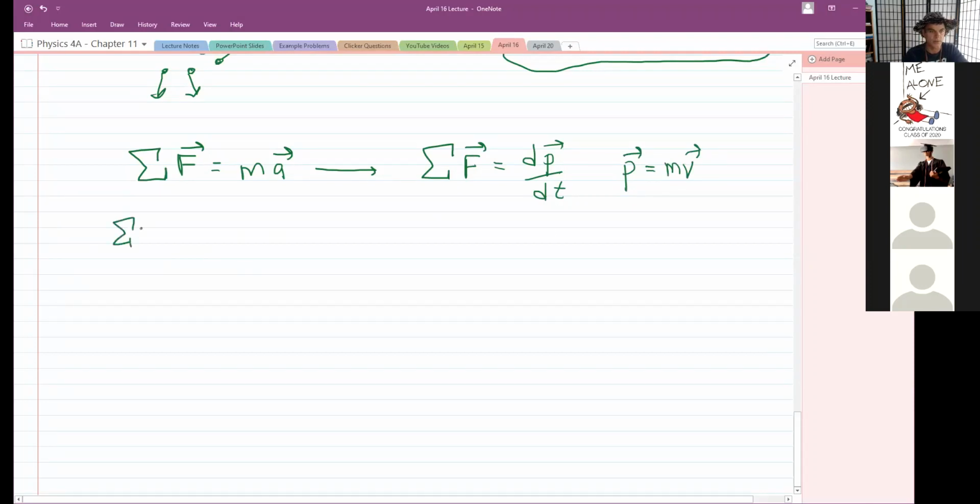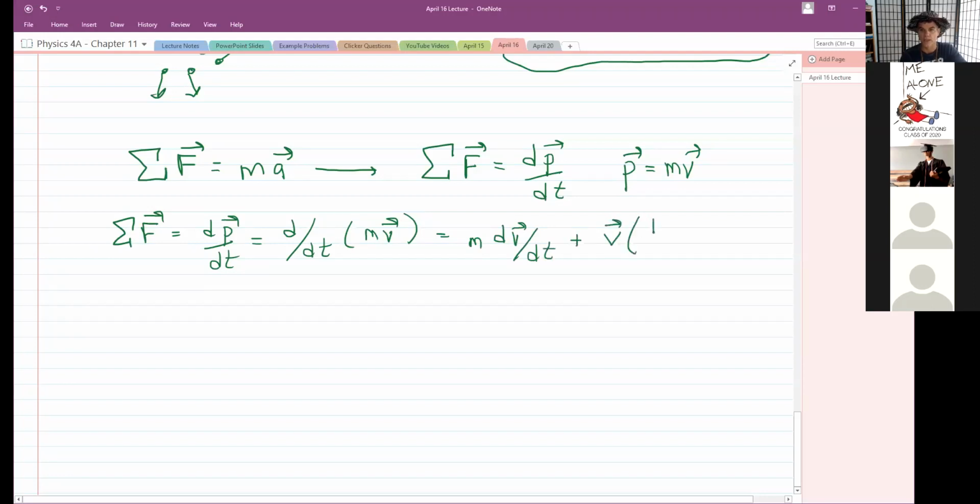So the sum of the forces equals the change in momentum with respect to time is actually the derivative with respect to time of mass times velocity. And you have to use the chain rule. So this is actually m times dv/dt plus v times dm/dt.